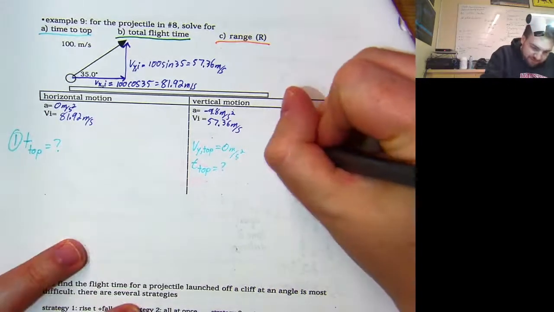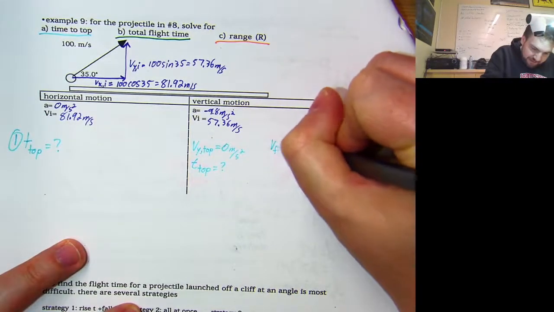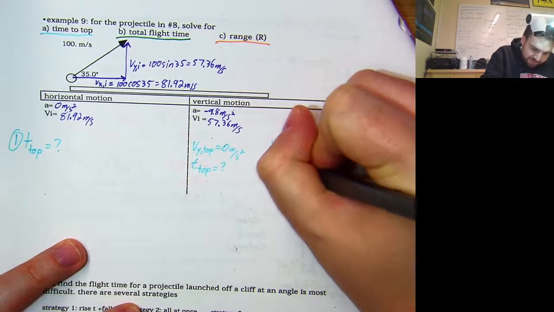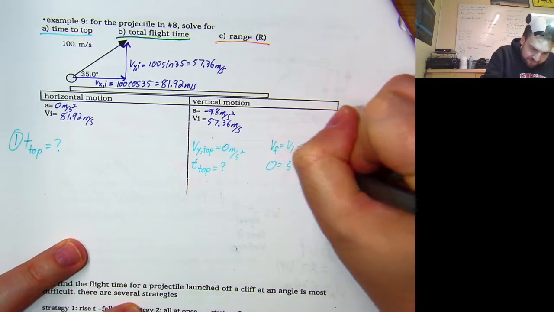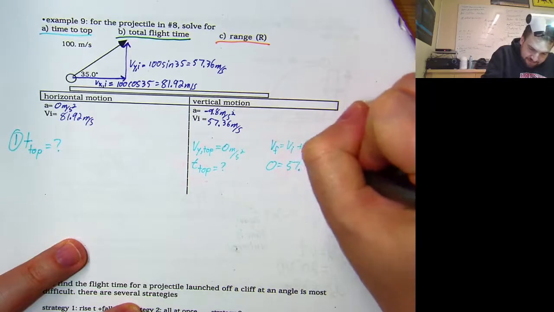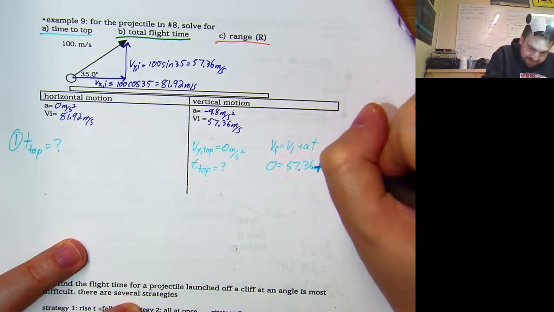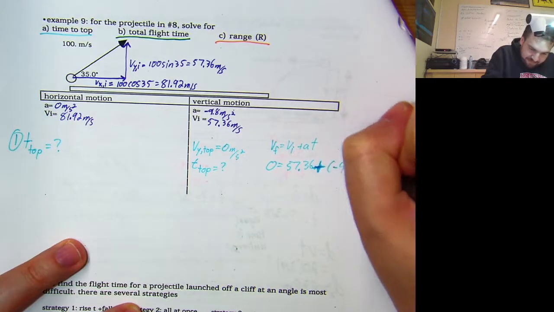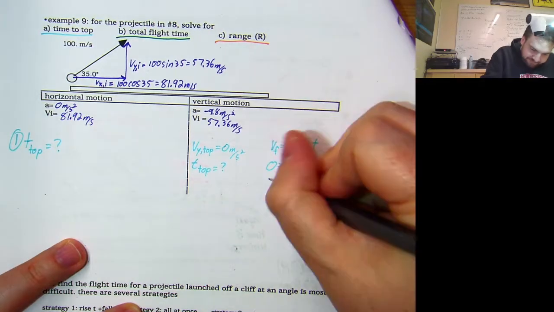We're going to use this equation here: VF equals VI plus AT. VF equals 0. VI equals 57.36. I don't need to put units right now because it's going into a formula. Plus negative 9.8 times time.